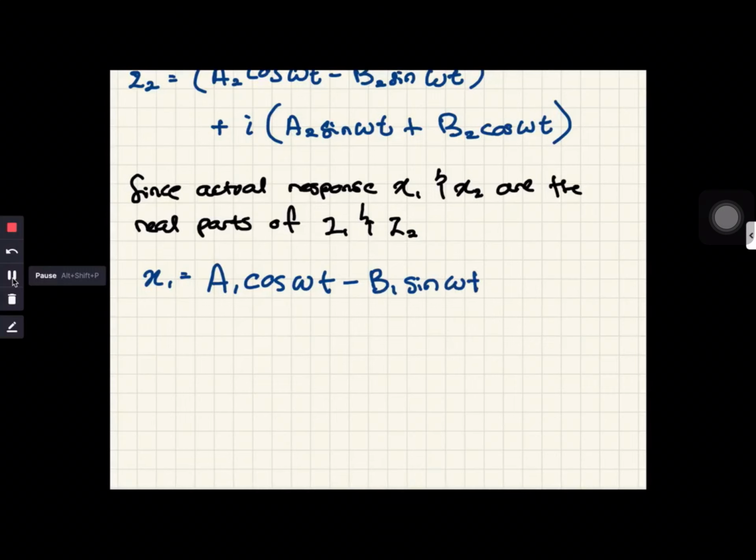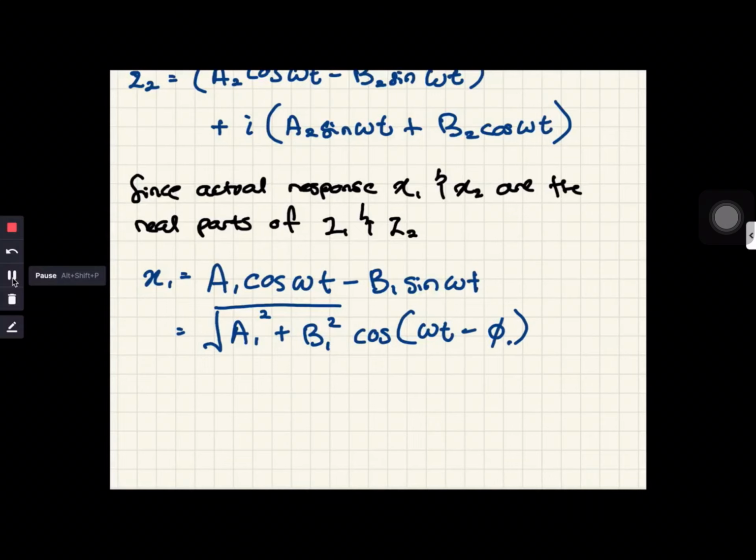So this one we can rewrite as square root of A1 squared plus B1 squared, the magnitude of it, cosine omega t minus phi 1.